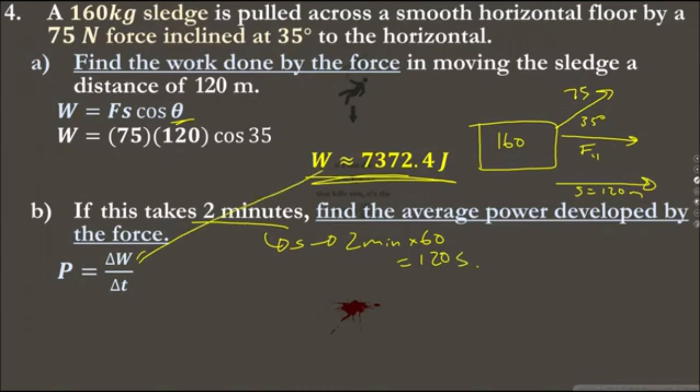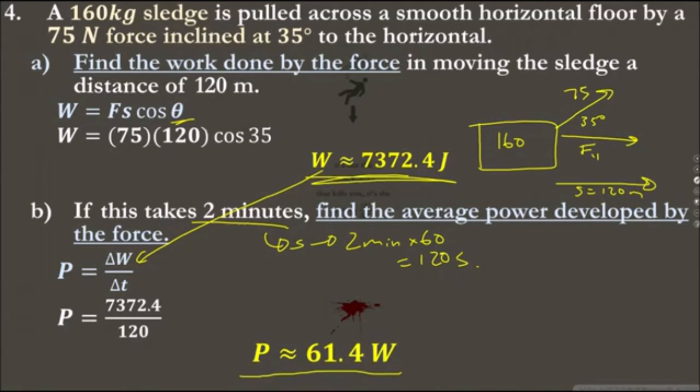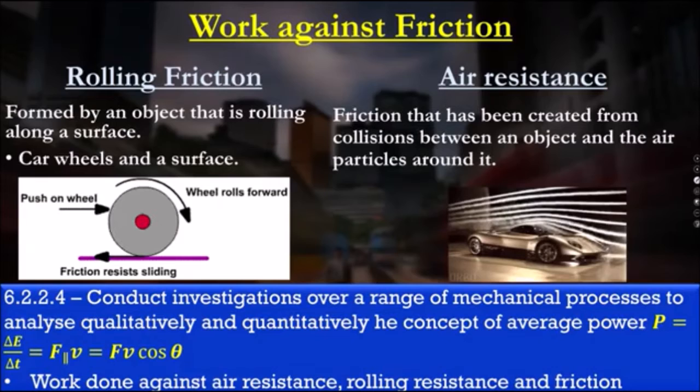Substitute your work done into here, and there you have it. And the power output, or the average power delivered, is 61.4 watts. And that's what you can do with questions of rectilinear motion.